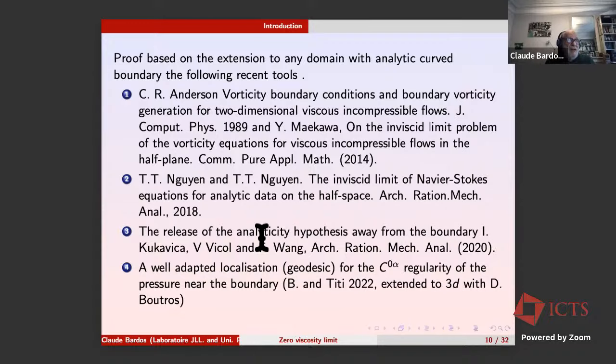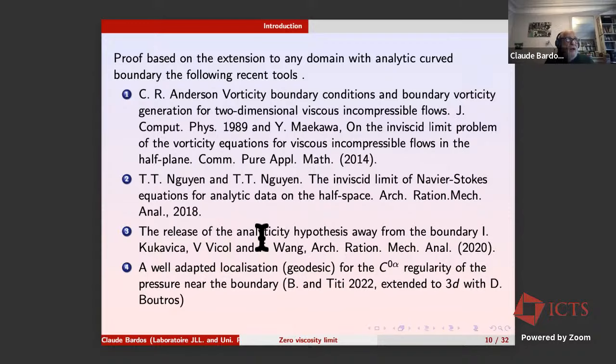And then the question is whether or not it's really necessary for this type of short-time result that the initial data be analytic everywhere. The analyticity away from the boundary has been relaxed in a paper of Kukavica, Vicol, and Wang in 2020. Now, all that was done in the half space.